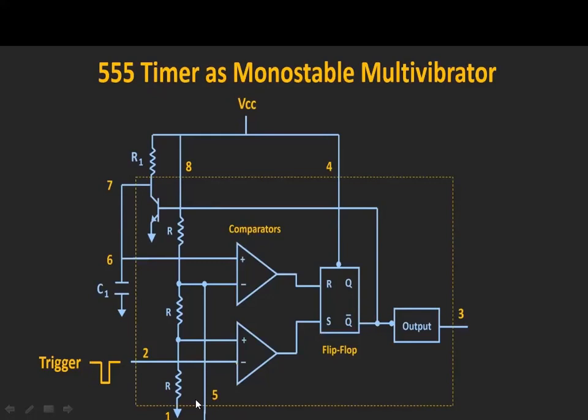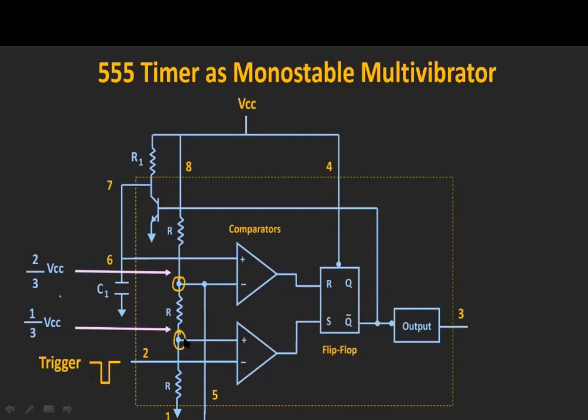As we know, there is a potential divider, at which this node has 2/3 VCC and this node has 1/3 VCC. These two op-amps act as comparators.